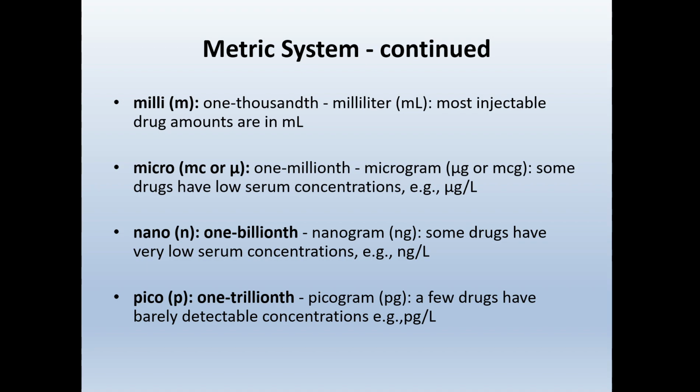We have the nano. Nano is 1/1,000,000,000th. We have the nanogram. Drugs that are required in very minute and tiny bits are also measured in nanogram. Drugs that have very low serum concentrations are measured in nanogram per liter.